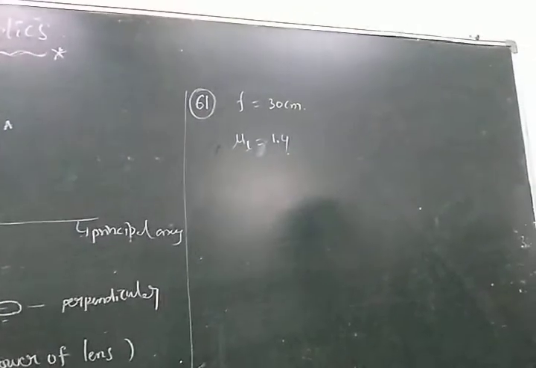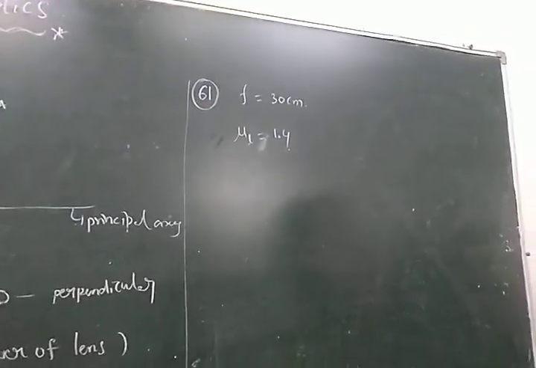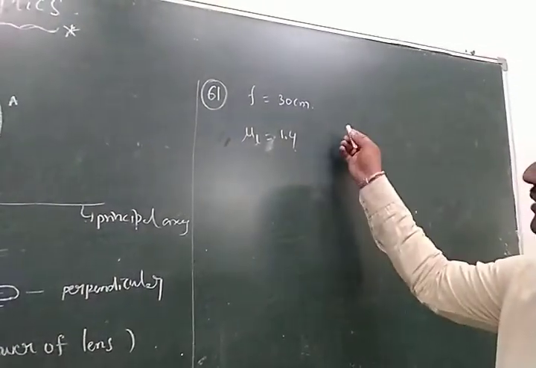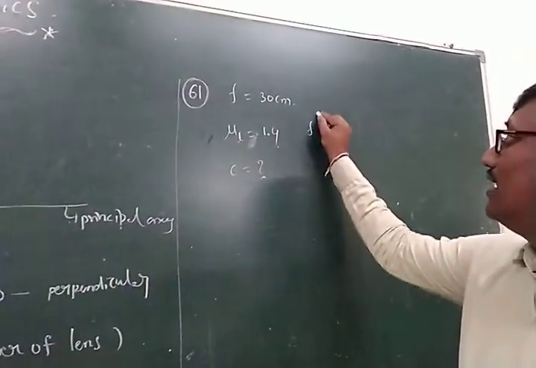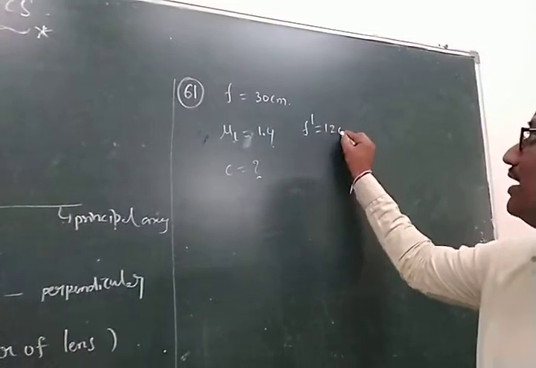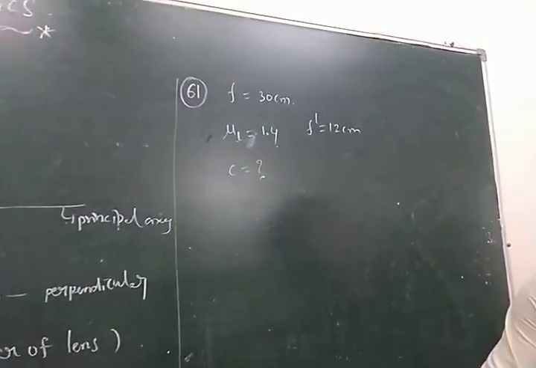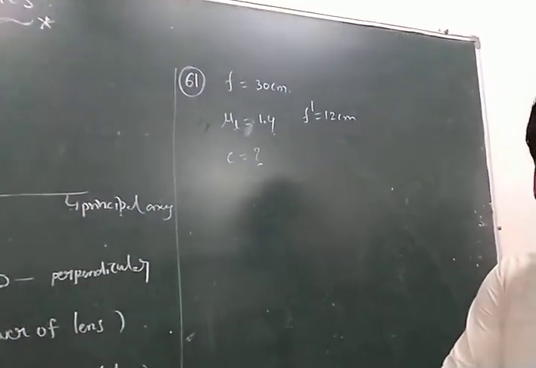What is the critical angle between the glass and the liquid? The focal length F dash is given as 12 centimeters, and we can find F dash.